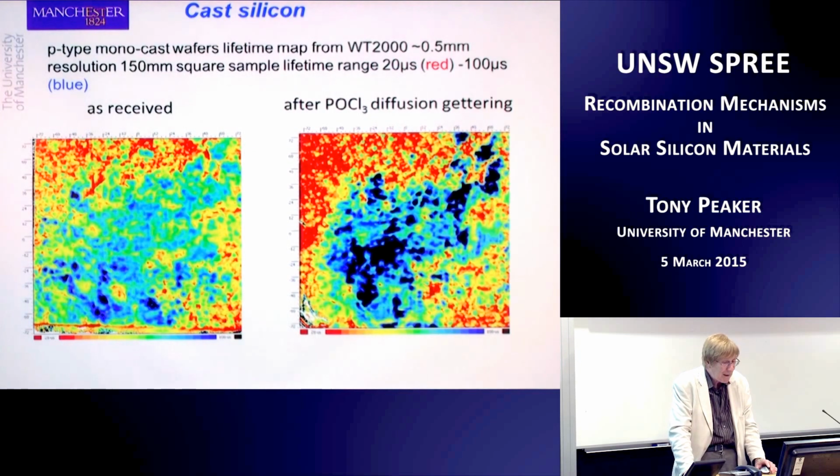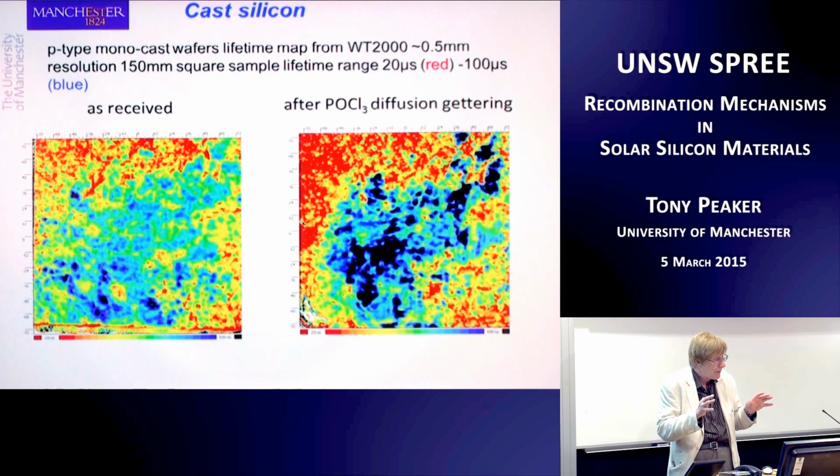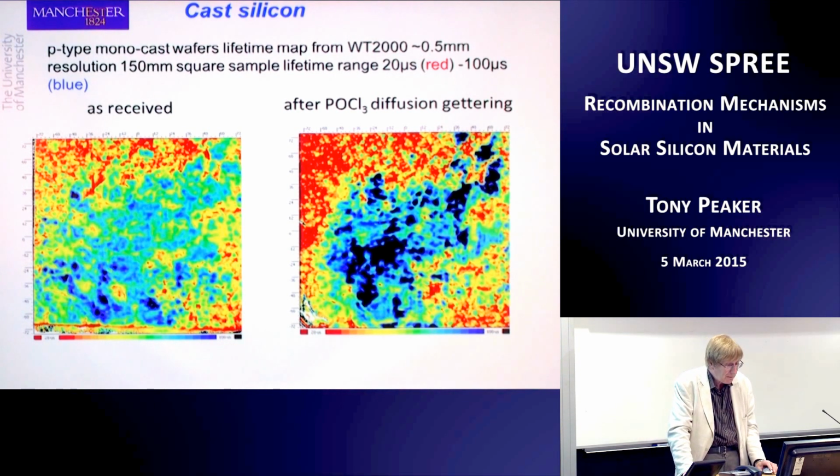Well, cast silicon, everybody here I'm sure is very familiar with this. We've looked at a lot of cast silicon from various people, but particularly we've looked at monocasts. So this is putting seeds in the bottom and then growing from those. And it doesn't really work. You get massive dislocations in the top.